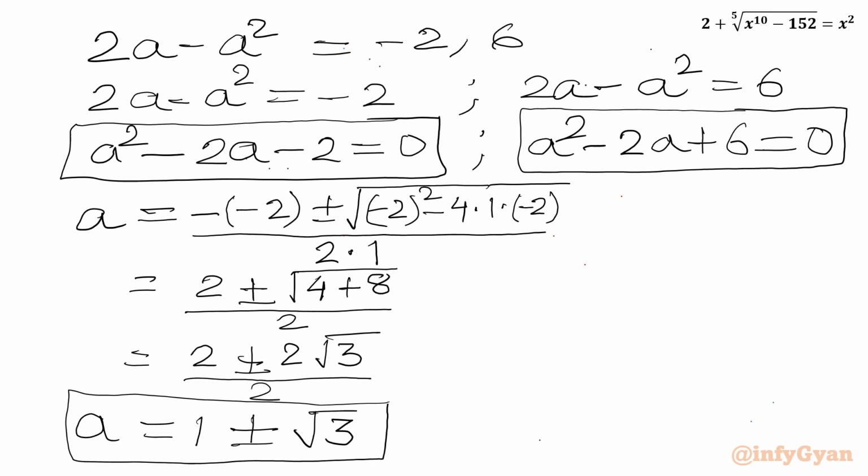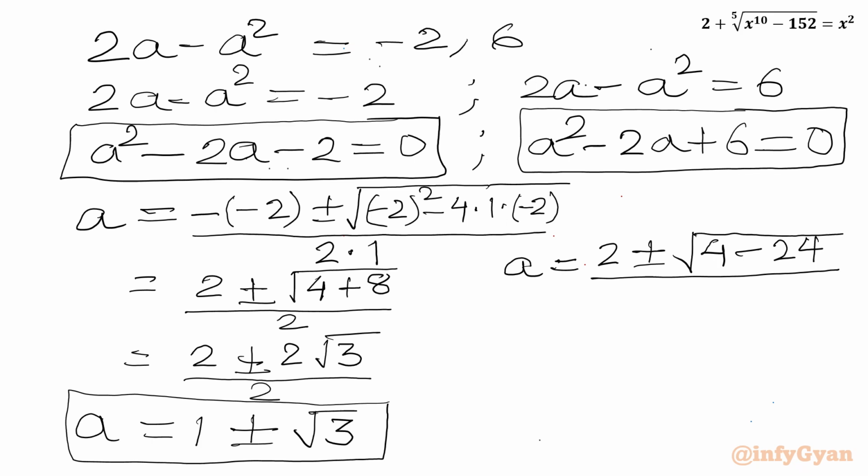Now we will consider our second quadratic equation. So I will write A equal to minus of minus 2 plus minus the square root of minus 2 square is 4 minus 4 times 1 times 6. So 24 divided by 2 times 1 is 2, or I can write 2 plus minus the square root of minus 20 over 2.